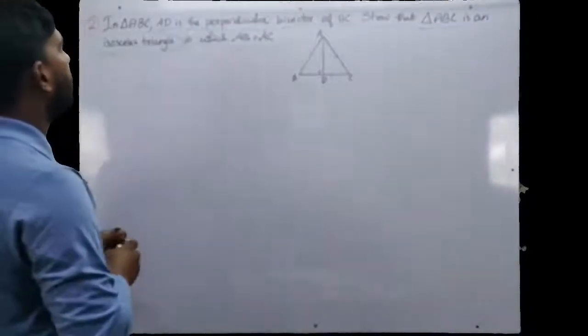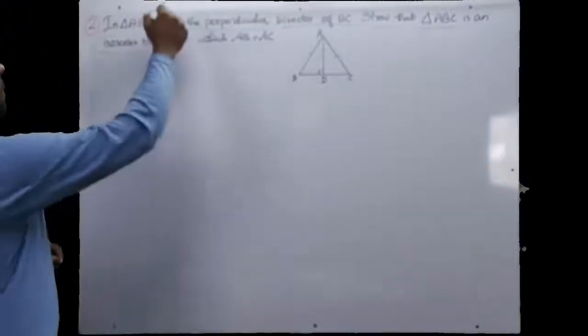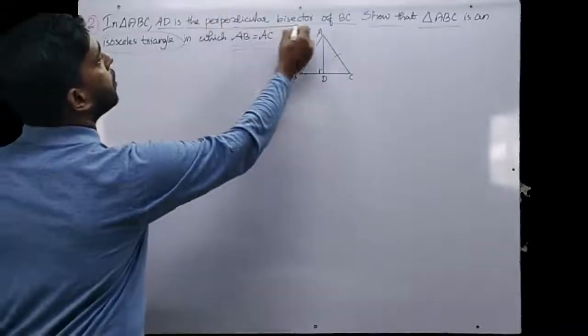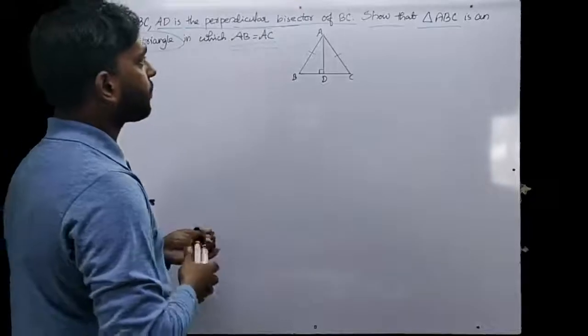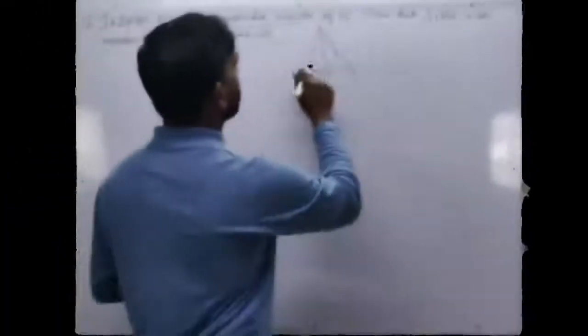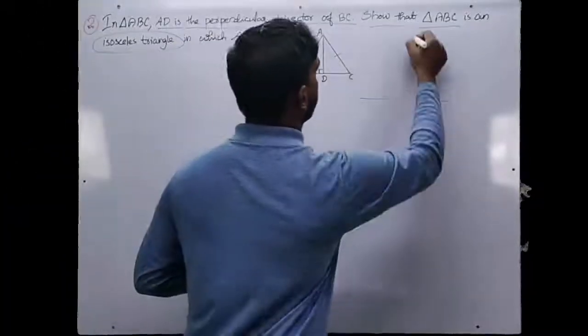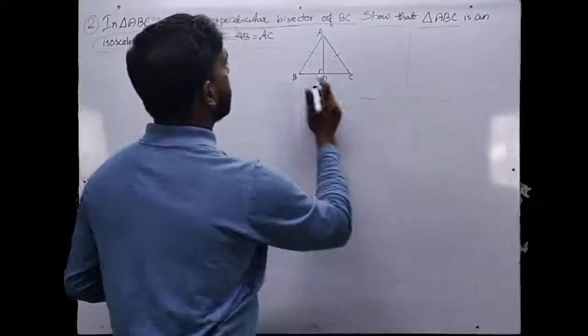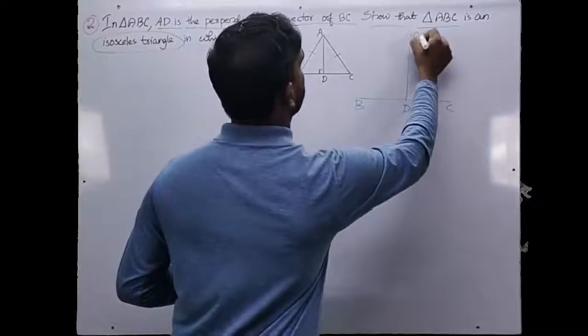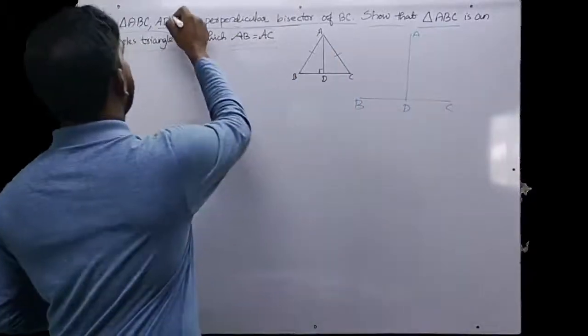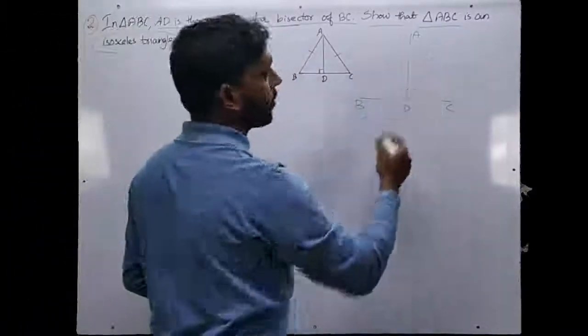First of all, from the very question itself, we understand AD is the perpendicular bisector of BC. That means, if I take these two lines separately here, this is B, D and C. So AD is the perpendicular bisector.